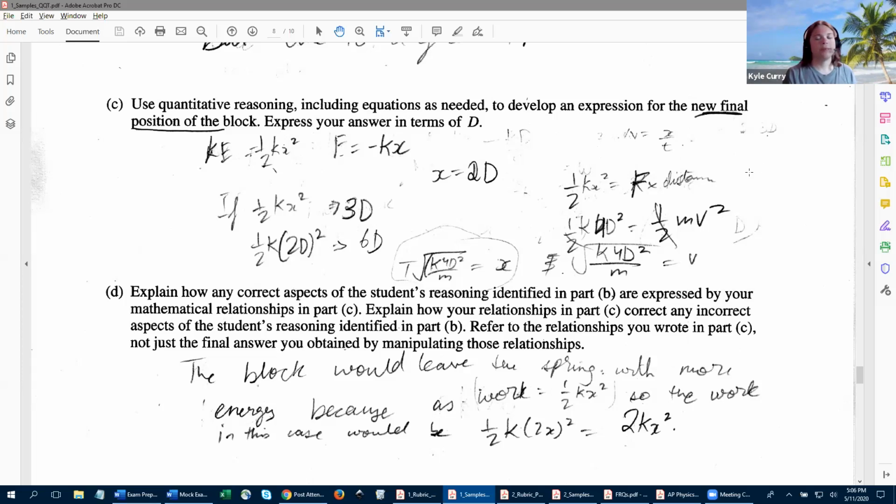So don't think that you're being clever. Don't think that you're getting one up on the grader because I put it down there and by golly, it's going to work. No, it just didn't work. And there's obviously no mention at all about the force of friction being the same in all cases. So only 1 point was given there to that test taker, but that's perfectly fine. We don't need all of the points to get a 3 on this exam.